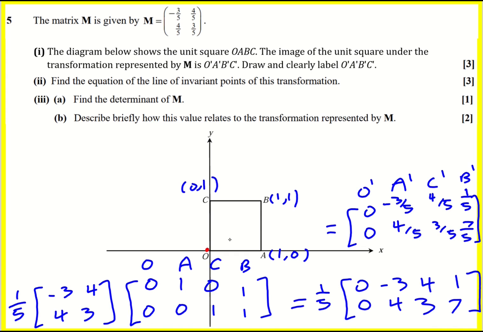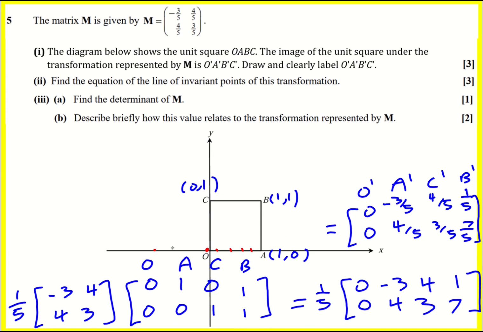Okay, so of course we've got this one the same. We're just doing this roughly to scale. It doesn't have to be perfect. So I'll go with minus 3 fifths, 4 fifths. So that's going to be about 1. Maybe I might just split it up into little sections. 1, 2, 3.